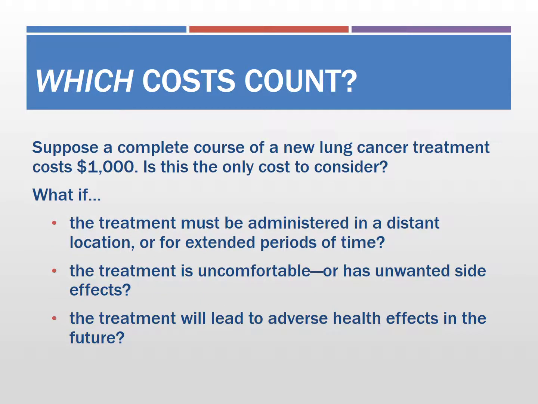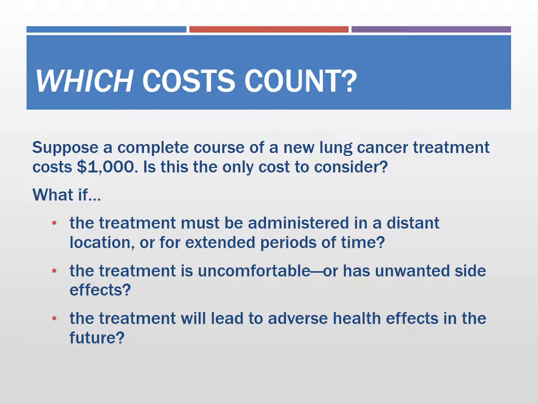Not only how we are supposed to measure the cost in terms of perspective, but which costs should count in the calculations also becomes very complicated or controversial. Let's suppose a complete course of new lung cancer treatment costs about $1,000. Is this the only cost to consider?